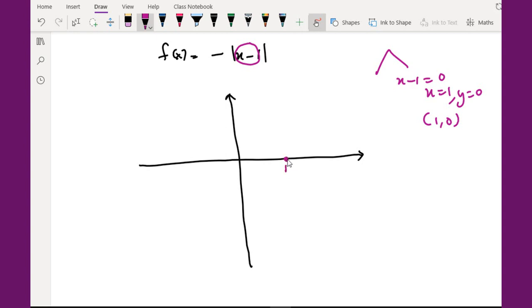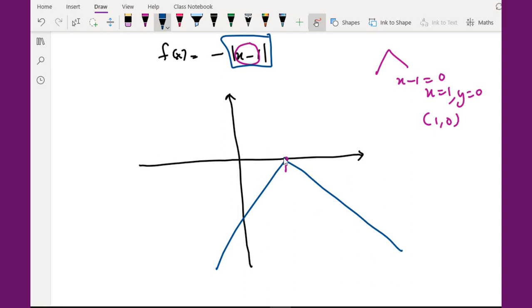Okay, and because of negative, the graph is supposed all positive, but because of negative, the graph is reflected by x-axis. The V shape becomes opposite pattern like this. Okay, so the graph is like this.